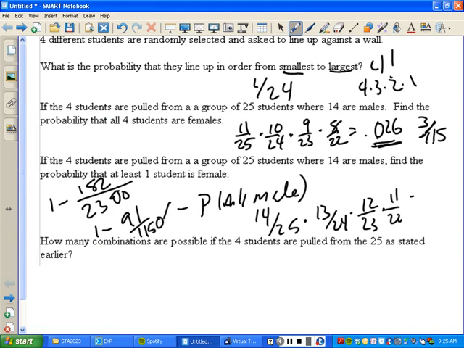So, 1150 minus 91 is 1,059. 1,059 over 1150. Originally, I thought it would be pretty quick to multiply them out, but it's a little harder than I thought it was going to be.